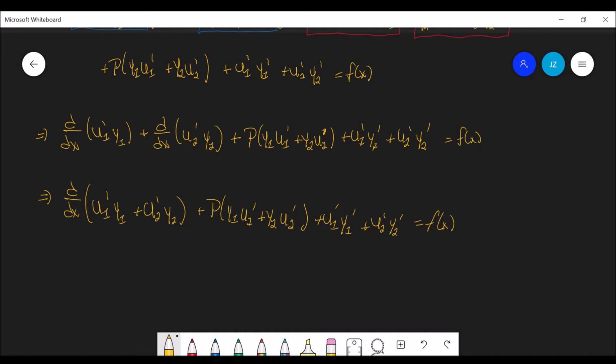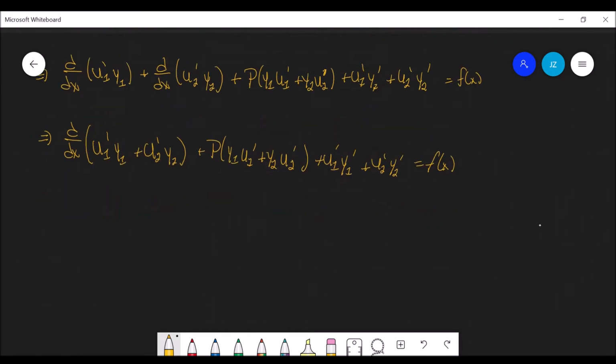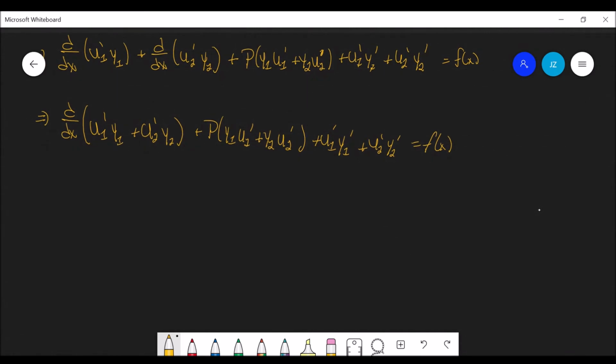Well, if we suppose that u1' y1 plus u2' y2 has to be 0, then we have u1' y1' plus u2' y2' has to be f of x. This gives us a system of two equations and two unknowns.